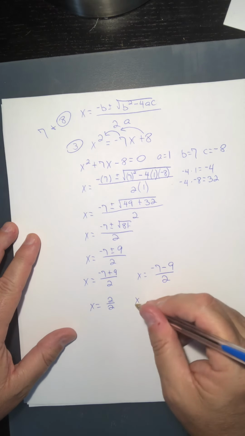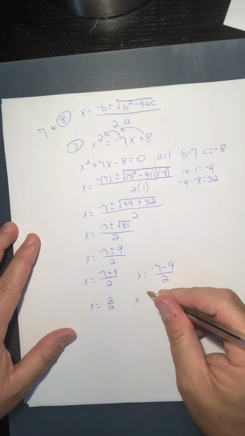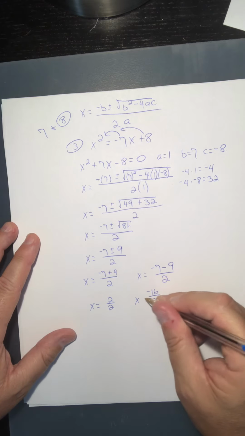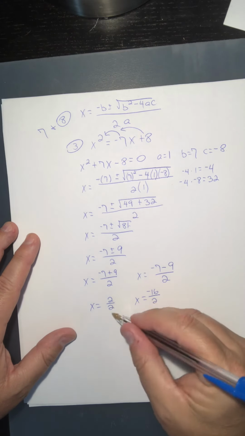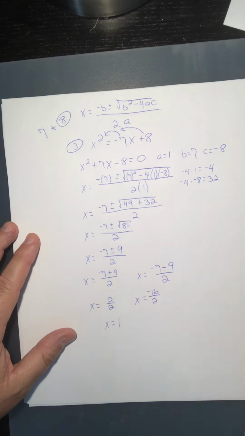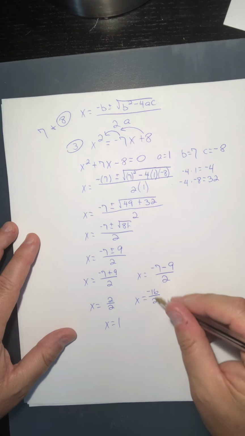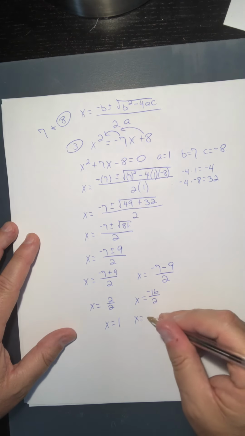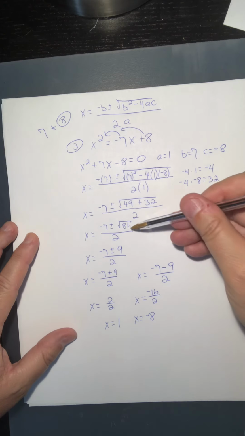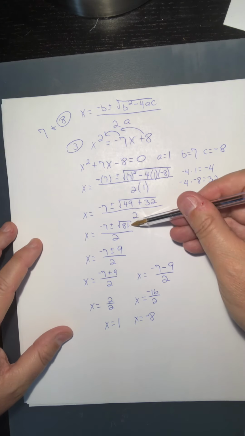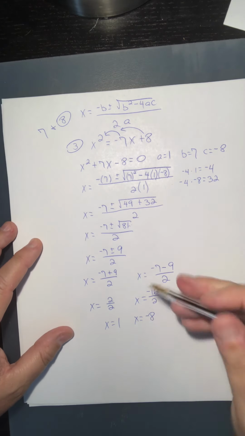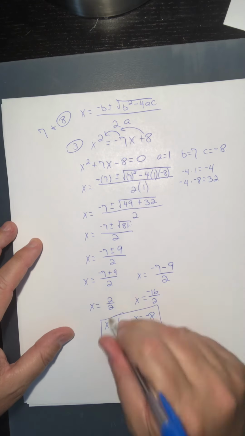Negative 7 minus 9 gives me negative 16 over 2. 2 over 2 gives me 1. Negative 16 over 2 gives me negative 8. We said we should have 2 real answers. I have 2 real numbers as my solution.